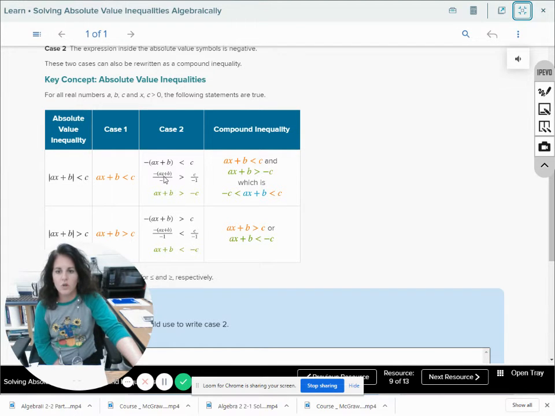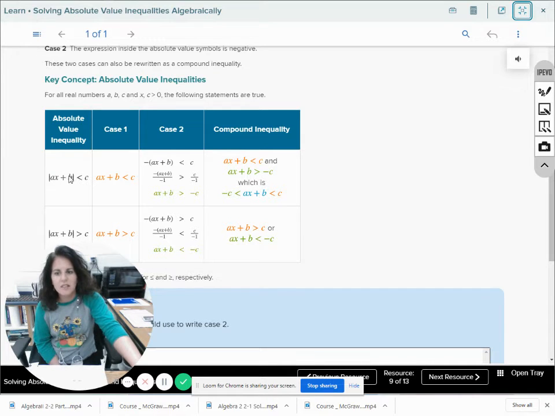So when I'm looking at inequalities, we've got to think about the fact that we are making it negative. And what is our golden rule of inequality? So in case one, it's just the exact same: what's inside of the absolute value is less than c. Or the second case, where what's inside the absolute value could be a negative number.